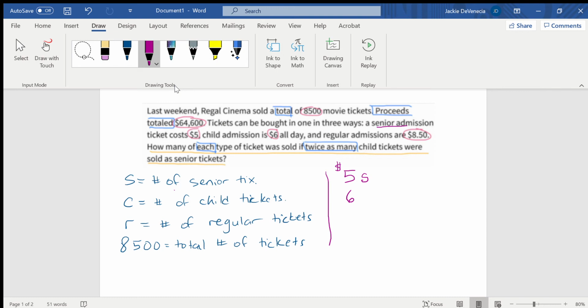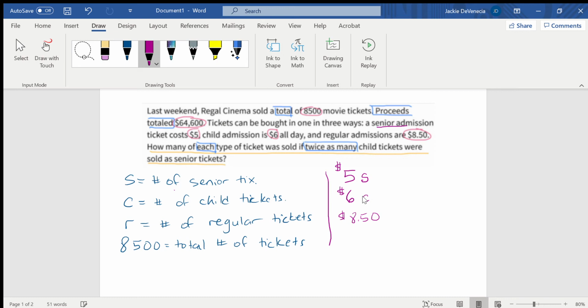If I want to find the total cost of child tickets, I would need to multiply this price by the number of child tickets, which we don't know, so we called it C. And then we have $8.50, the cost of each regular ticket.